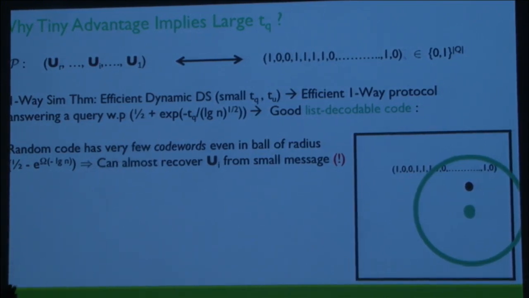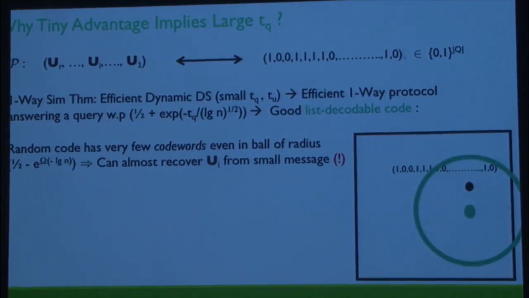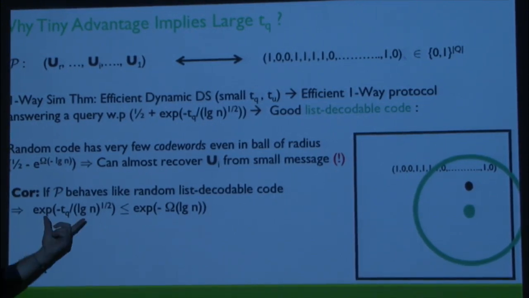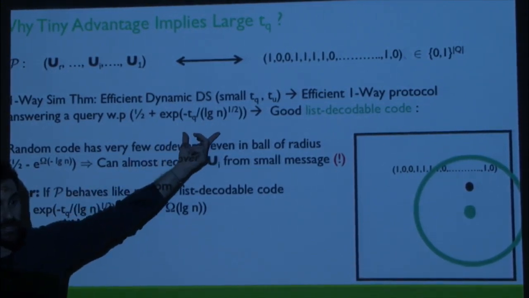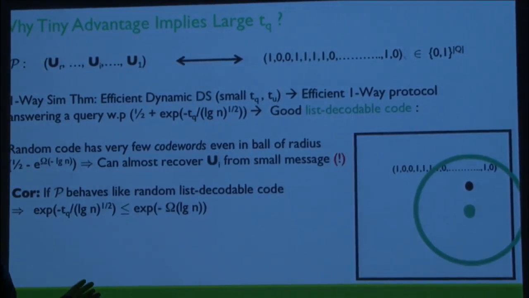So what does that mean combined with this theorem? Well, Alice sent a short message in the simulation theorem, so she better not be able to recover this fraction of queries, like 1 over n to the 10, right? Because otherwise it's a contradiction. Alice sent much fewer than the number of updates bits. So this advantage by the weak simulation theorem better be smaller than 1 over n to the 10.